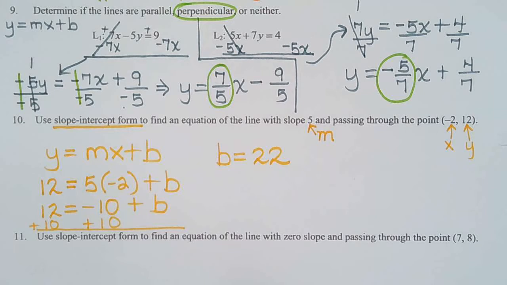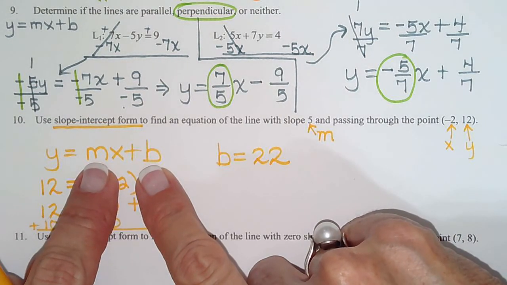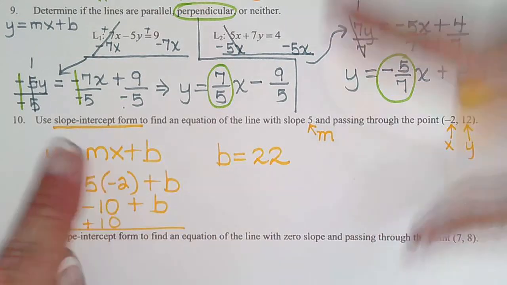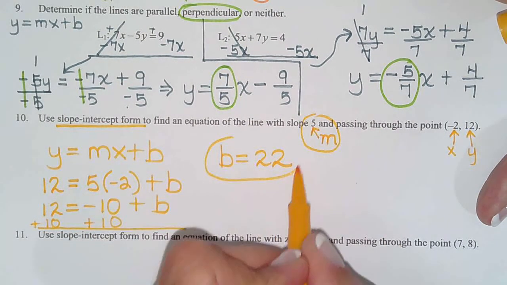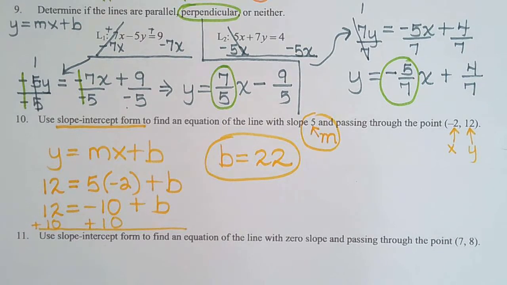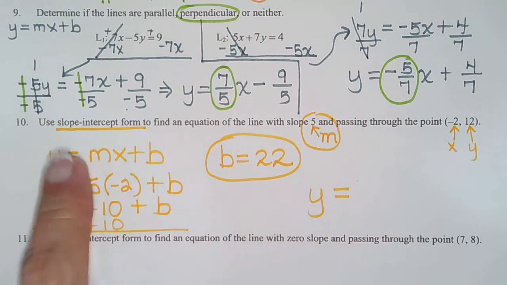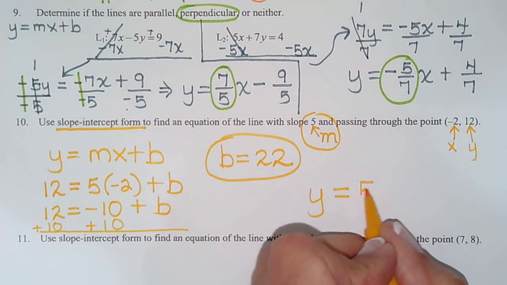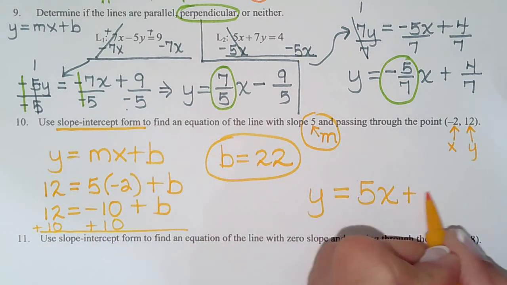And to write the equation of a line, remember we need to know m and b. So do we know them now? m is 5, b is 22, so aren't we ready to write our equation? So y equals, in place of m, 5x plus 22.